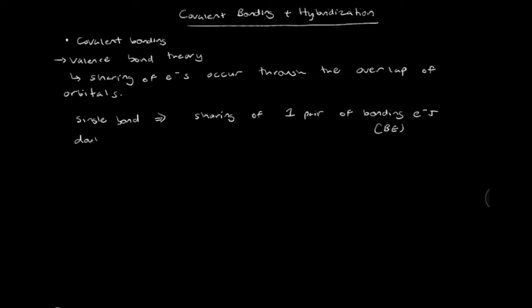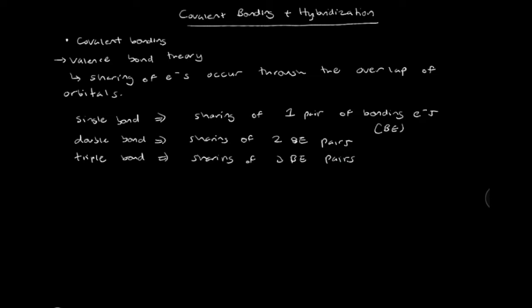A double bond is a sharing of two pairs of bonding electrons, and a triple bond is a sharing of three bonding electron pairs. Okay, so you guys probably know this from previous courses regarding covalent bonding.